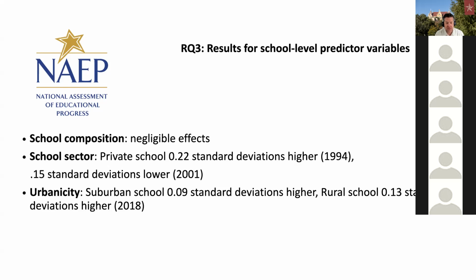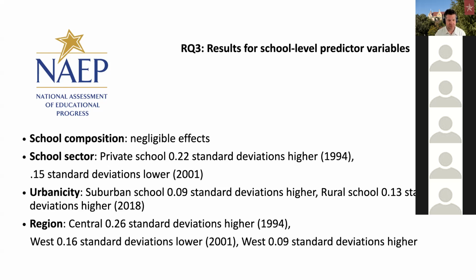Suburban schools, 0.09 standard deviations higher, rural schools, 0.13 standard deviations higher. It was the only year that we had a significant association with urbanicity. And then region, again, not much consistency in the results, but there you see what we do have in terms of significant associations on the basis of school type and region.